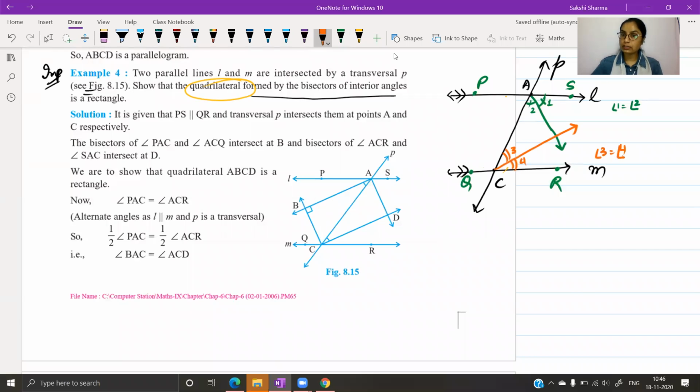Same thing is to be done on the other side. Angle PAC and angle ACQ.